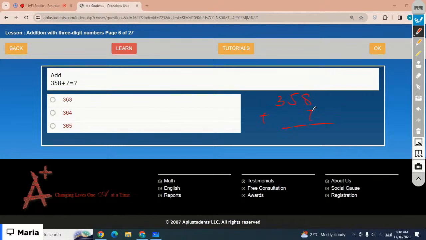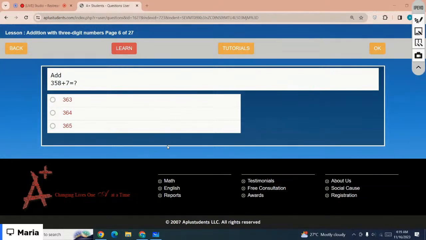So add 8 and 7. 8 plus 7 makes 8, 9, 10, 11, 12, 13, 14, 15. So 8 plus 7 makes 15, right? So you have to write 5 over here and carry 1. So 5 and 1 is 6. It is 365. Be careful when adding. The correct option is 365.